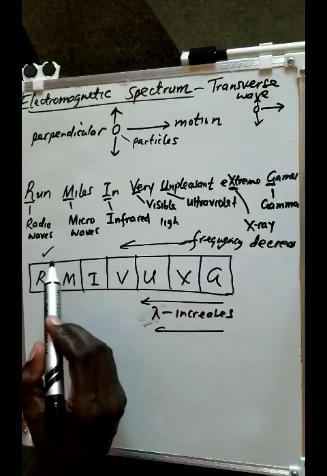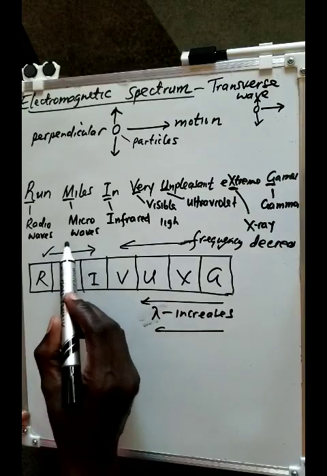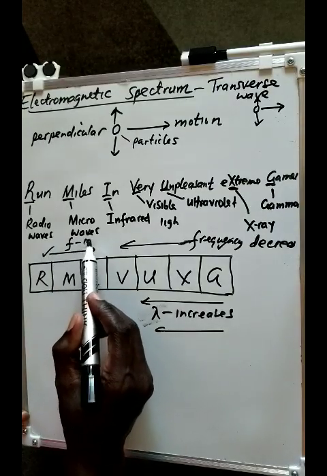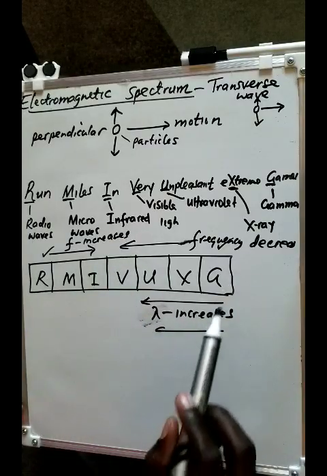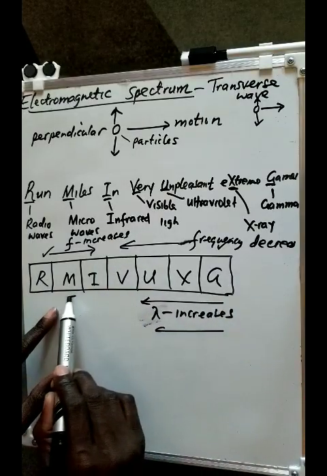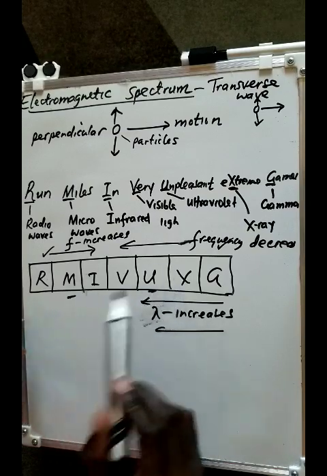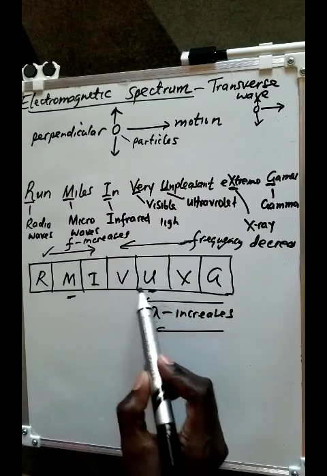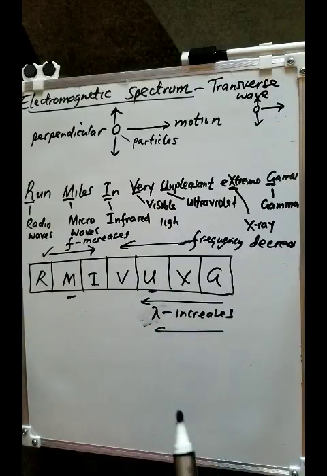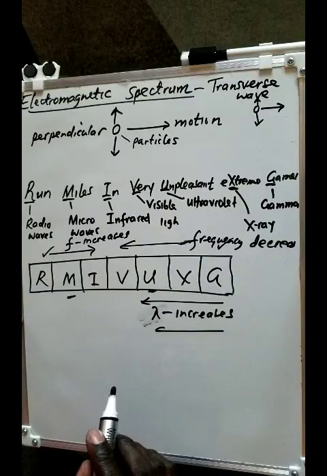Or we can say, going in the other direction, the frequency increases from radio waves to gamma rays. So if I asked you between microwave and ultraviolet which one has the highest frequency, then ultraviolet would have the highest frequency. So that is what you need to remember.